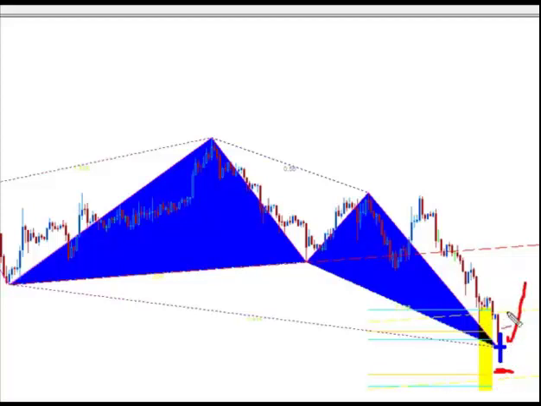So once price exits the PRZ, you might want to start considering moving your stop to break even at that point. Then you would move your stop up here, you would let it go, it might come up and then finally it hits B. That's how you might want to play that as well.